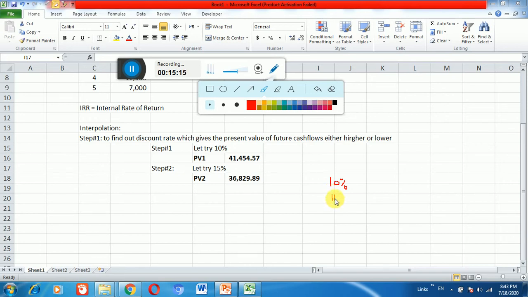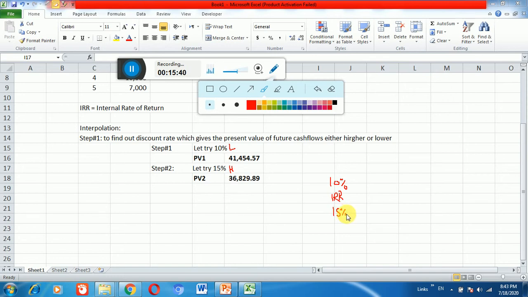Why? Because between the lower and the higher discount rate, what we try to find out is the IRR. So this is the lower one, and this is the higher discount rate. The higher one is 15%.